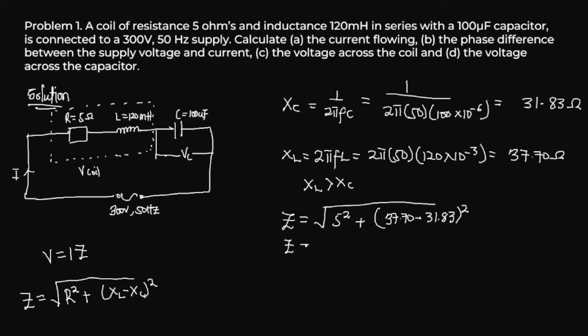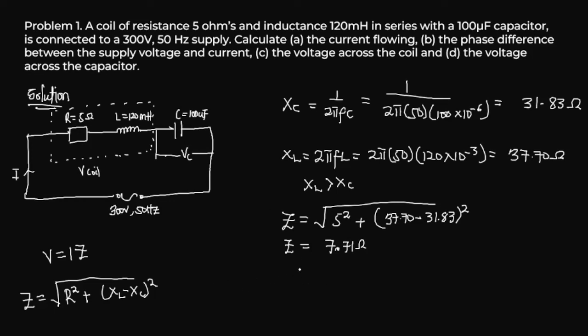So my impedance Z, if I compute everything in my calculator, is 7.71 ohms. This is the overall opposition to the flow of current offered by all these components in this particular AC circuit.